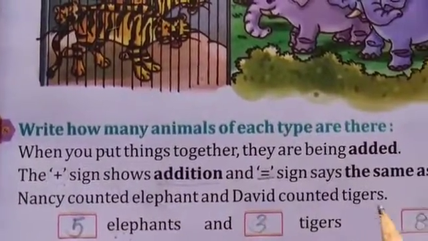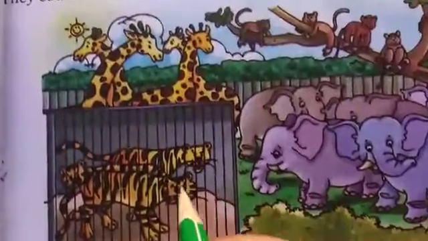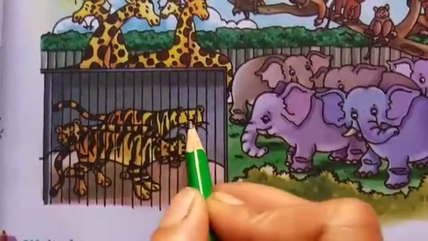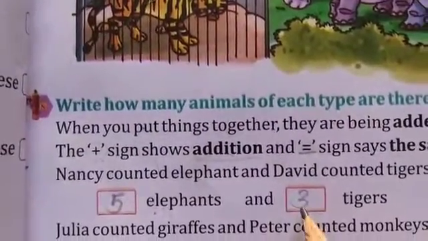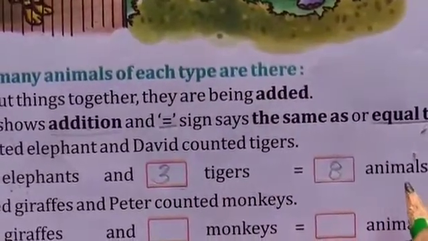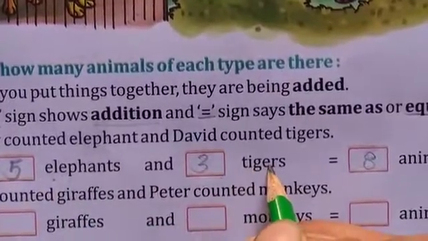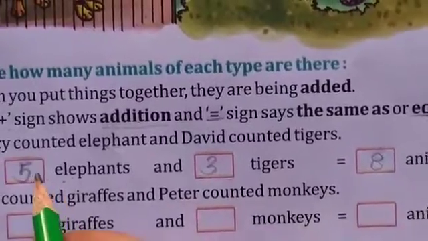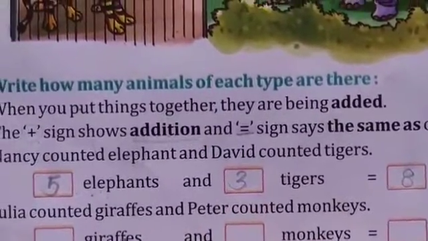And David counted tigers. Now come to the picture and count the tigers' faces. 1, 2, 3. Three tigers are there, so we write here 3. Then equals to dash animals. Now we add 5 elephants and 3 tigers.